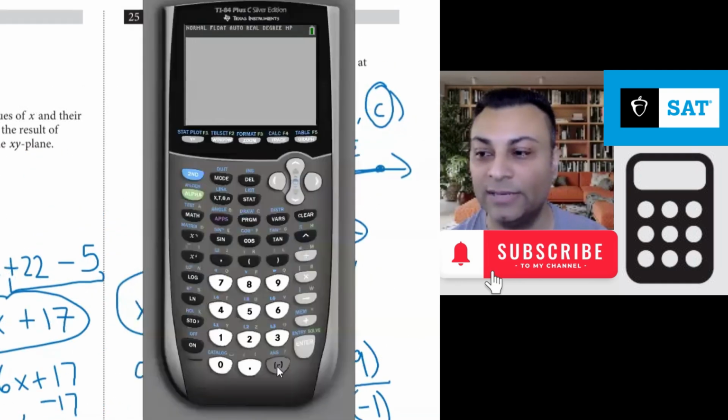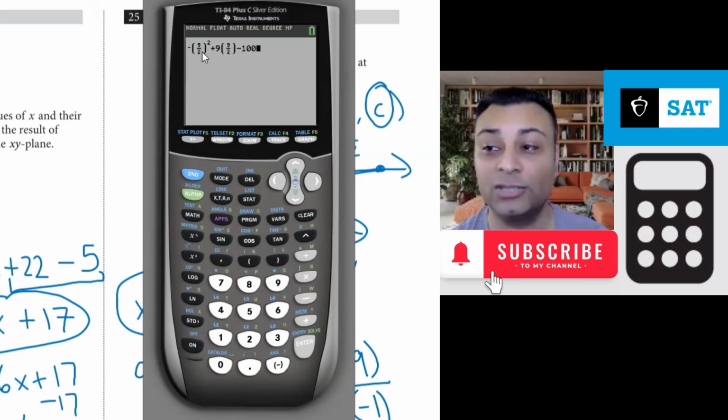We have -x squared, but x is 9 over 2, so 9 over 2 squared, plus 9x, and again x is 9 over 2, so 9 over 2, minus 100. -x squared plus 9x minus 100, where the x coordinate we are using is 9/2. And you get an answer of -319 over 4.